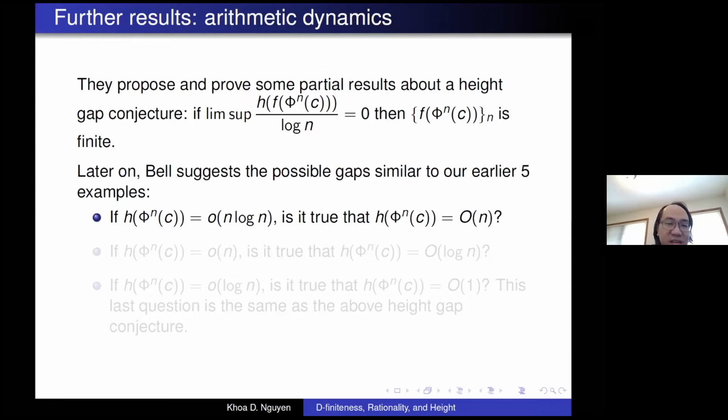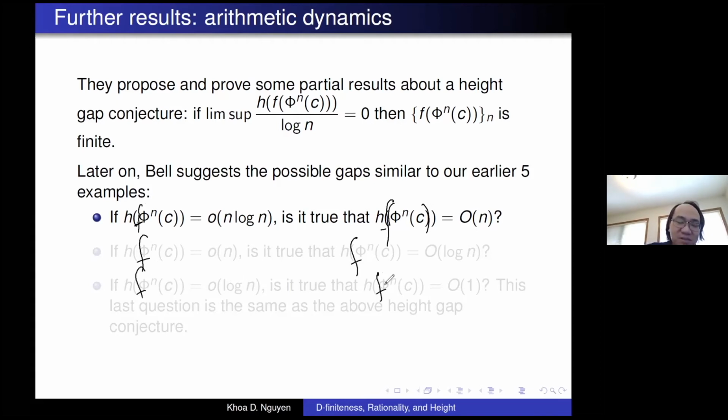I'm sorry, there should be an F in all of these: you evaluate F at these points.